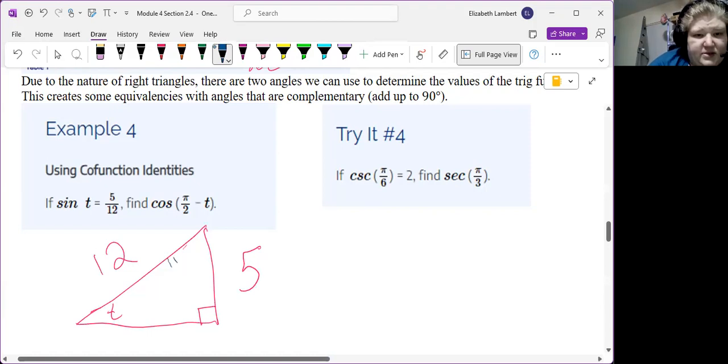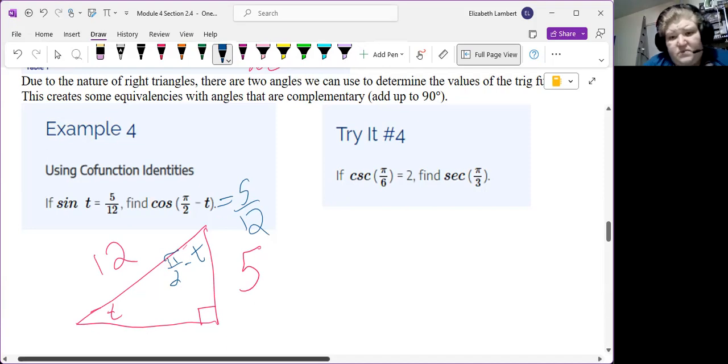So this is pi over 2 minus t. The cosine of pi over 2 minus t is 5 over 12. But just knowing the sine of t is 5 over 12, I could use the Pythagorean theorem to get what the third side is. I could even, we'll learn later about inverse functions, figure out what the angle measures are.